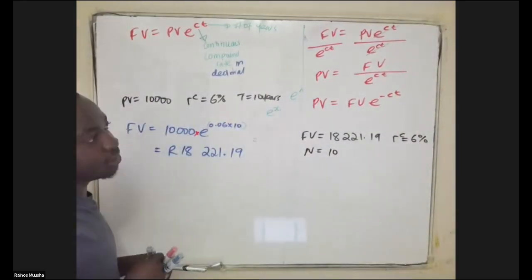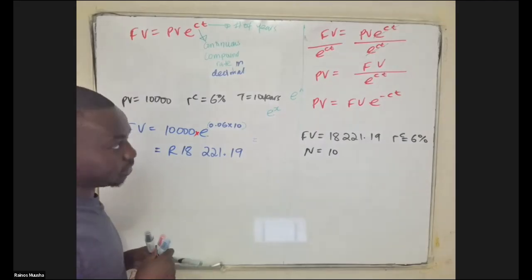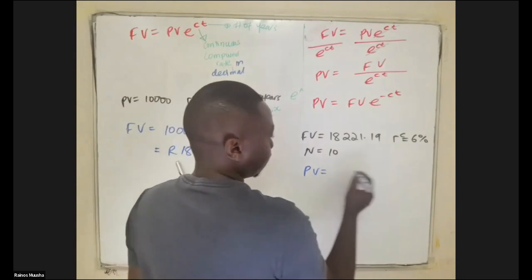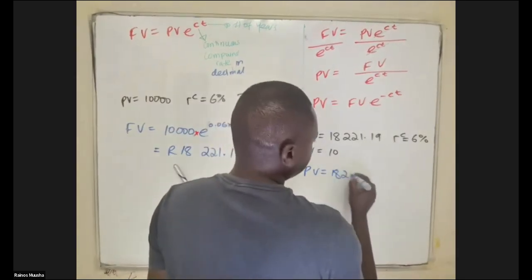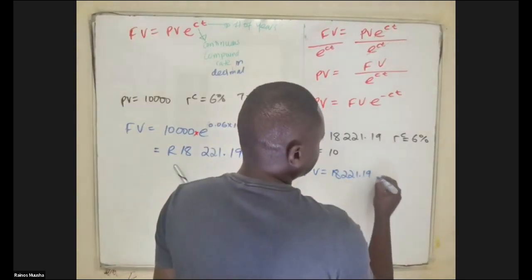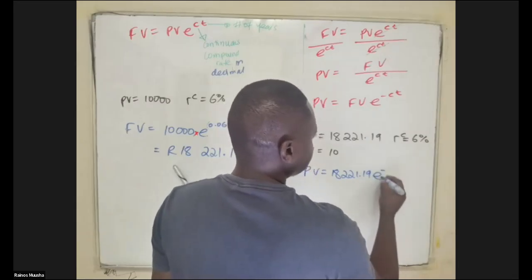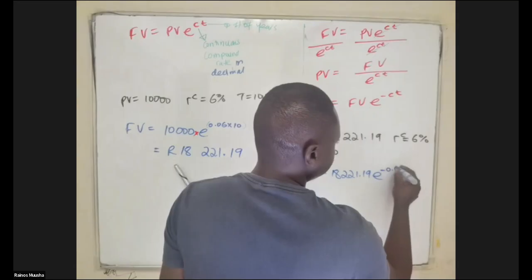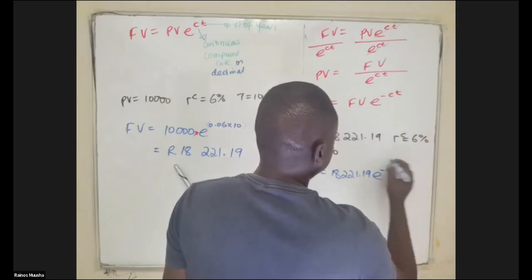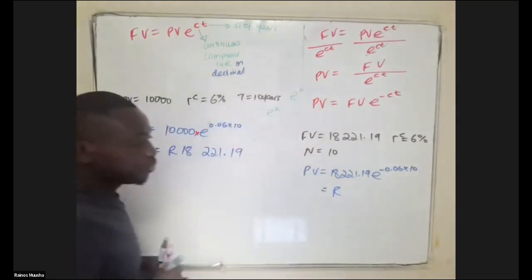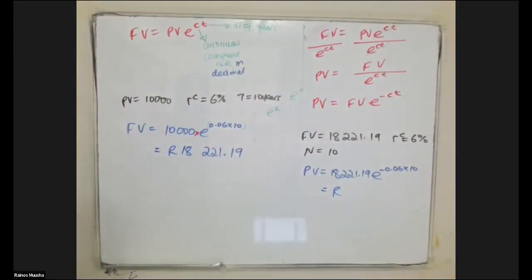Then they ask you to find the present value. So the present value is equal to the future value of 18,221.19 times the exponent of minus 0.06 multiplied by t, which is 10. Given this information, how much would you get as the present value?